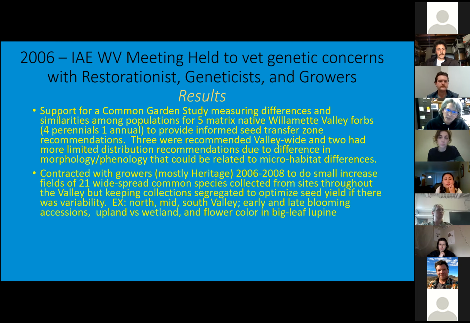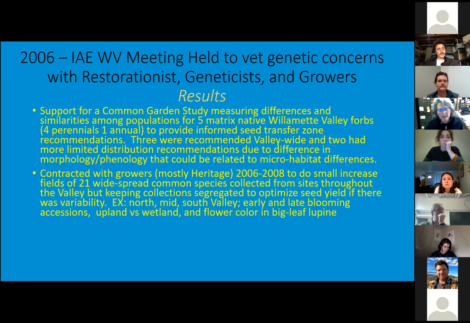Then they contracted with growers, mostly us at Heritage, for a couple of years to do small seed increase fields of 21 more common species, to see how they did in seed production. Since we really didn't know about the differences, mostly from a seed collection standpoint, we kept the accessions separate but next to each other. So you would have North Valley, Mid Valley, South Valley, early and late blooming accessions, upland versus wetland.